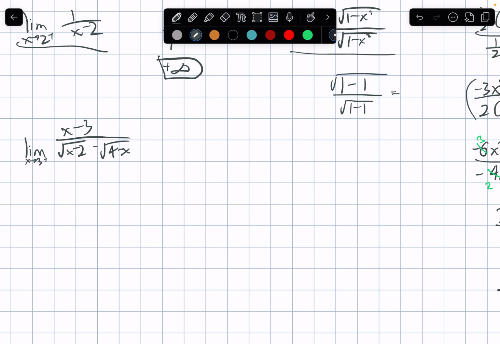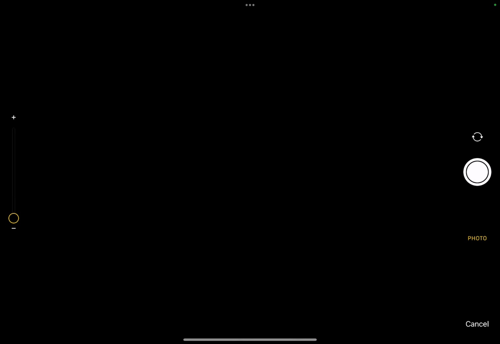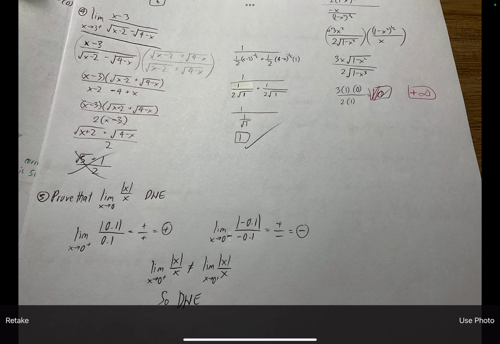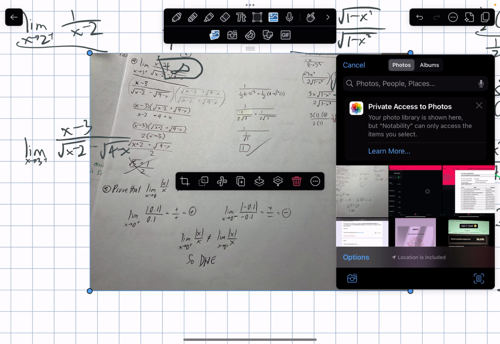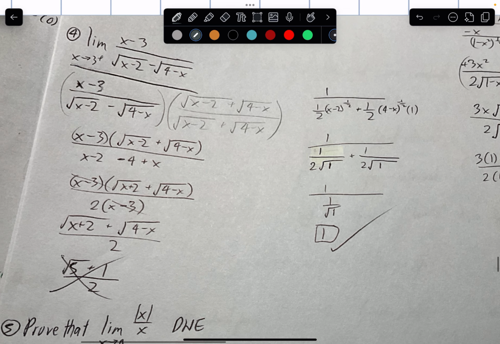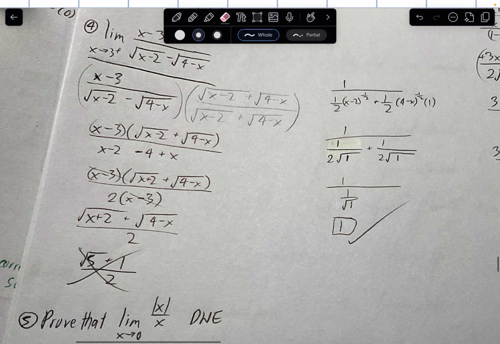Okay. You know what? Let me just take a picture of my solution, then we'll move on. Okay, so after rationalizing, try to find something to factor, as shown here.